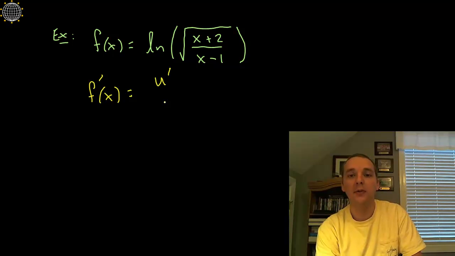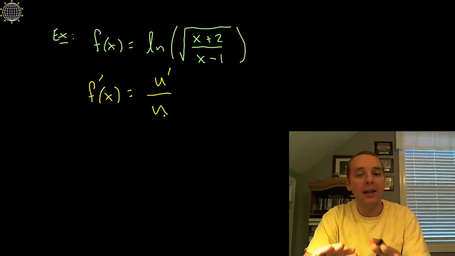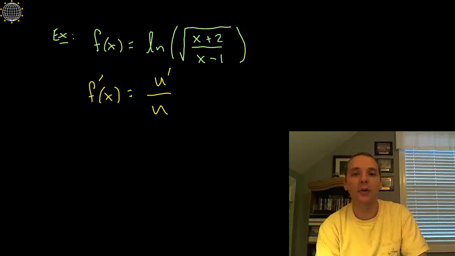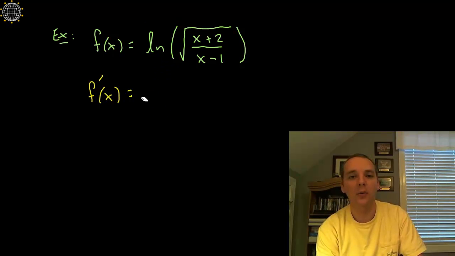You take the derivative of the inside divided by the inside. And so if you did that, it would be correct. But that would be horrendous algebra. I mean, look at this guy. This inside has a quotient rule and a chain rule. So I certainly don't want to take this derivative. And on top of all that, I'm dividing by another fraction as well when you copy this in the denominator. No way we want to do that.